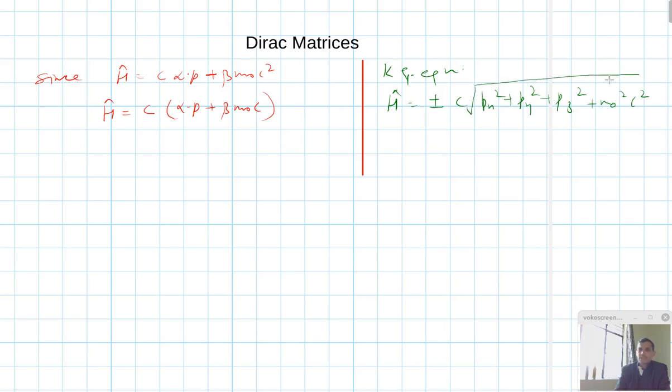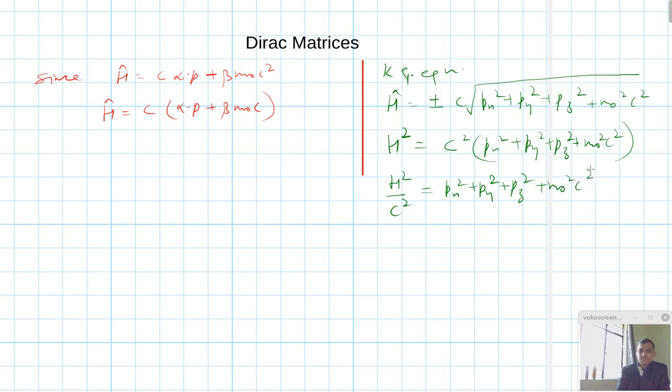From here I can calculate H square is equal to c square times px square plus py square plus pz square plus m naught square c square. So I can write H square upon c square is equal to px square plus py square plus pz square plus m naught square c square. Let me call this equation number 7, because I am continuing from the earlier lecture.